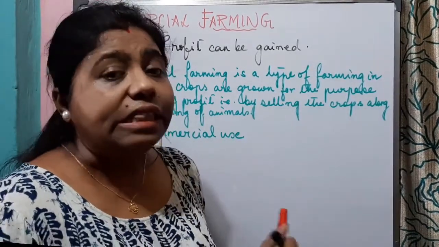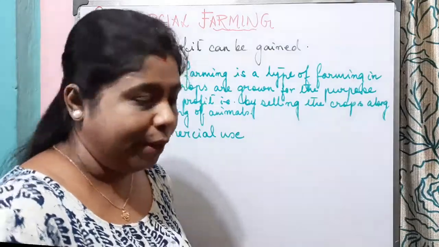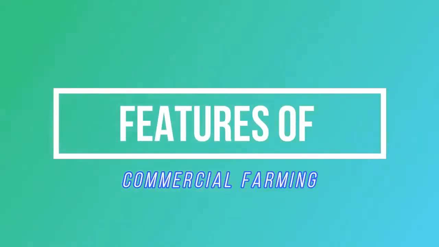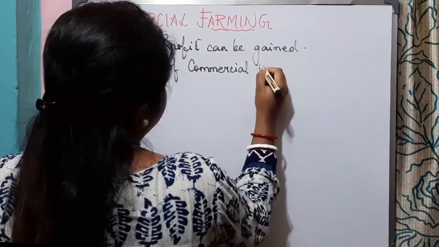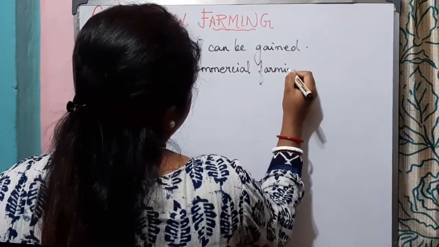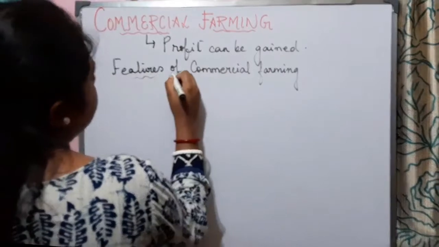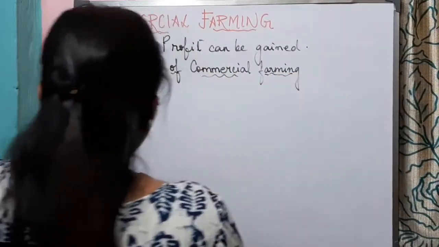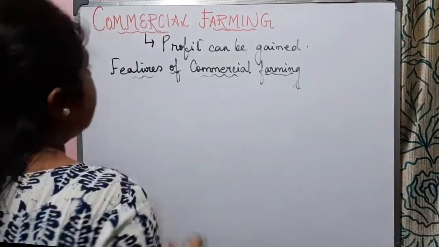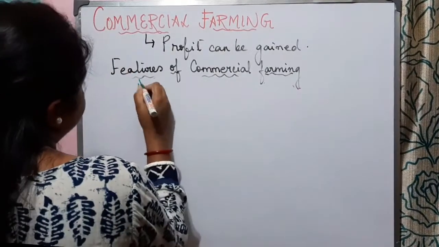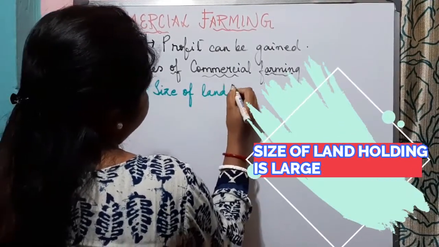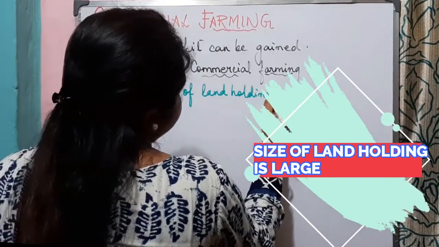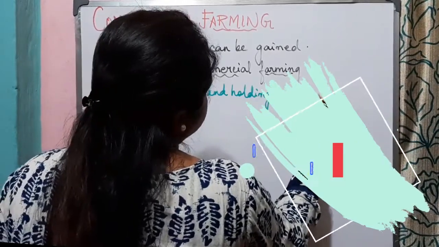Now let us see what the features of commercial farming are. The first feature of commercial farming is that the size of land holding is large.